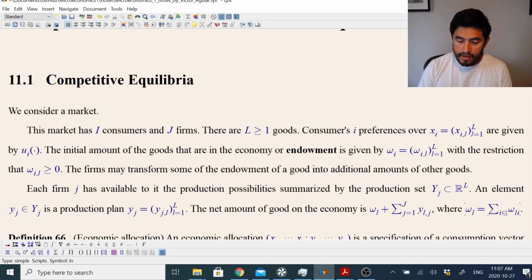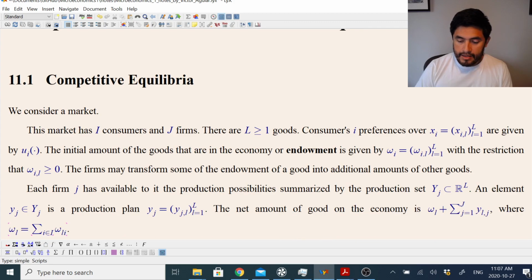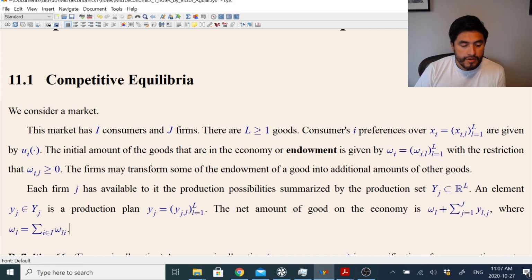This means that if I sum the endowment of individuals for each good l over all individuals, I obtain omega_l, the total endowment of good l. And I have to add to this the amounts that firms produce, or take as an input, for each good l. Therefore, this is the total endowment.